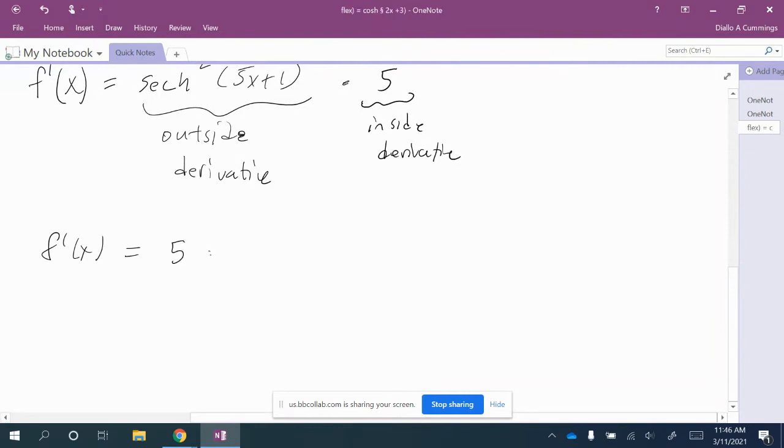So we have 5 times the hyperbolic secant squared of 5x plus 1.